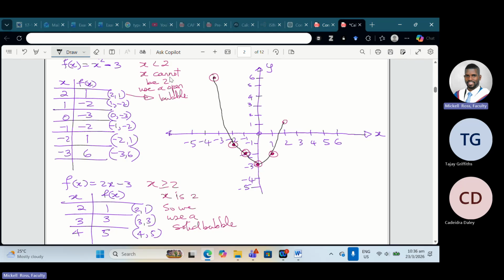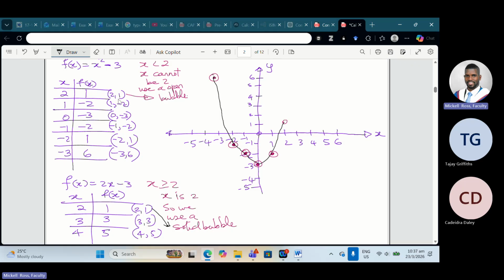Here x cannot be 2, but here x is 2 because it says it's greater than or equal to 2. So we use a solid bubble. Notice 2, 1, open bubble, but for 2, 1 here you have to use a solid bubble. So where this one left off, this one picks right up at that point.